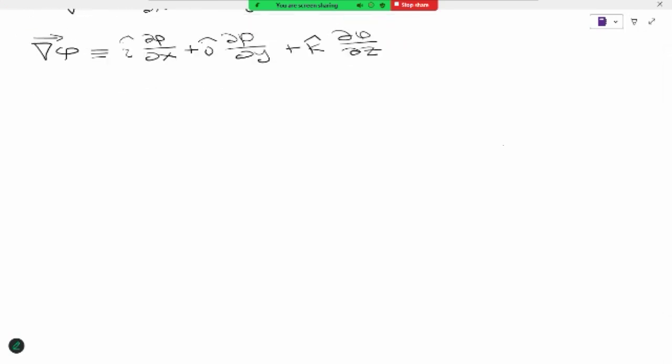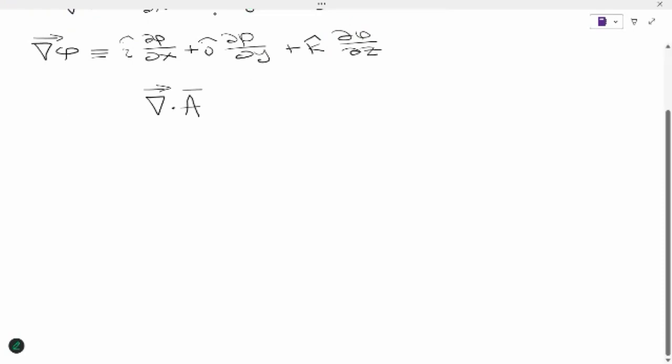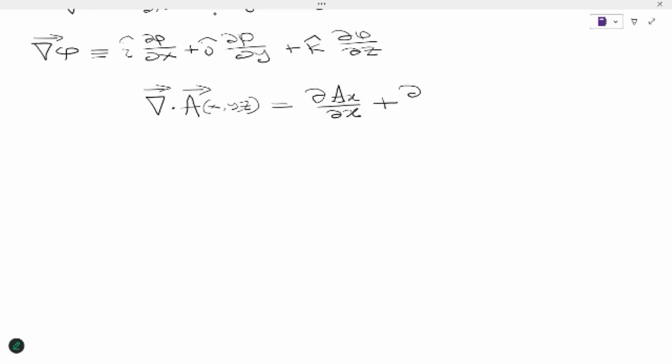What we will do is that we will see that this gradient operator, when acts upon a vector function A(x, y, z), takes the first component and its partial derivative with respect to x, the second component and partial derivative with respect to y, and the third component and partial derivative with respect to z.